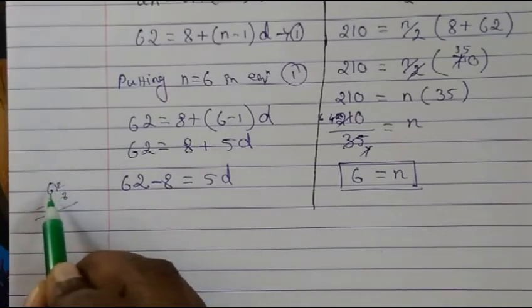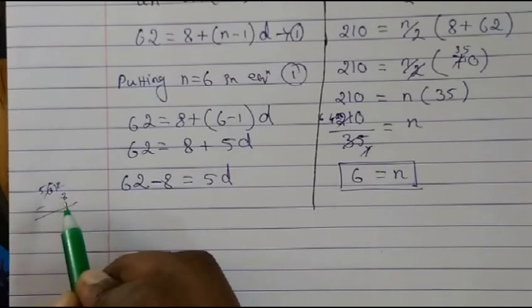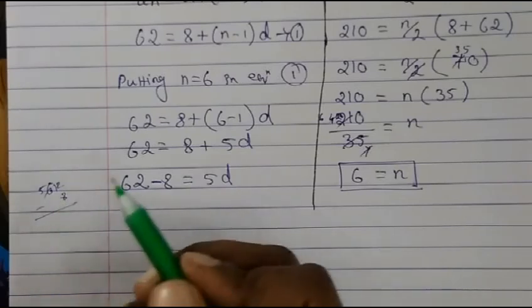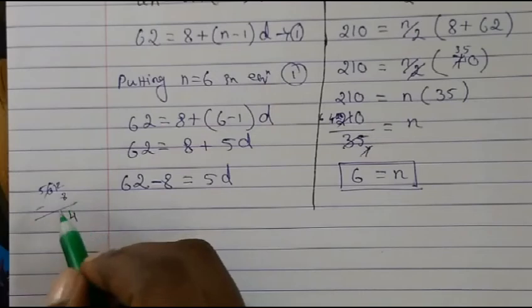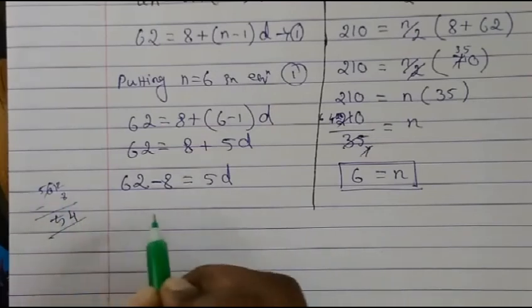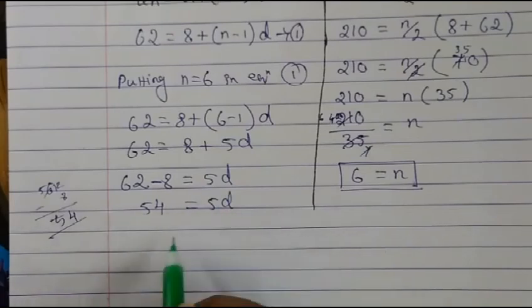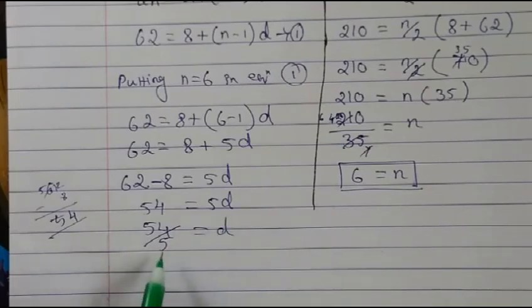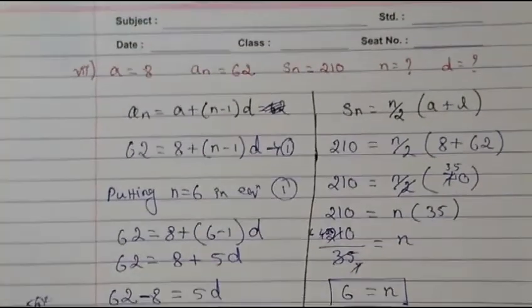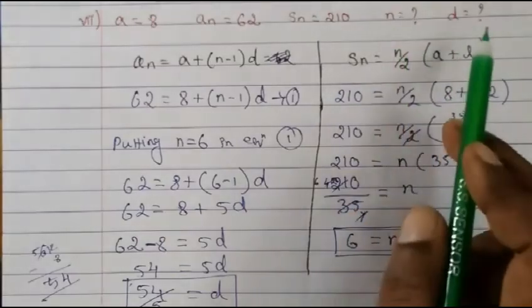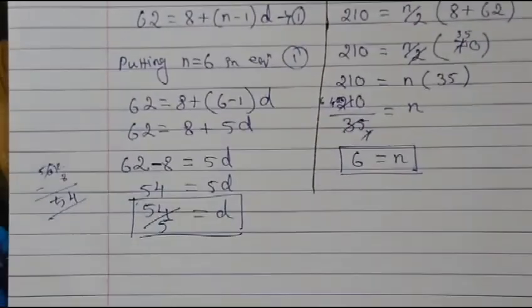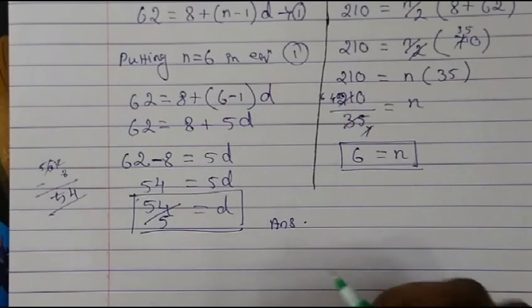So from 6 you borrow 1, it will become 5. From 12 you minus 8, it will give us 4. Then this is 5, 54. 54 equal to 5d. So then 5 comes to this side, it will become division. 54 upon 5 is our d value. So we found out n value and d value. So that is the answer.